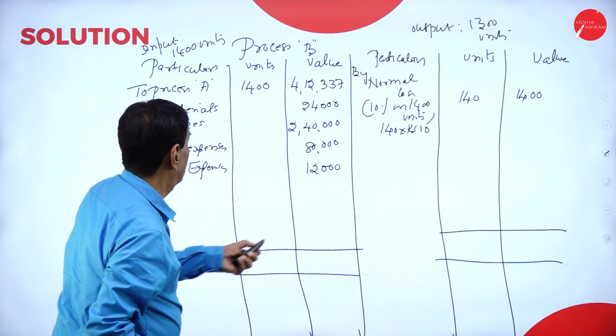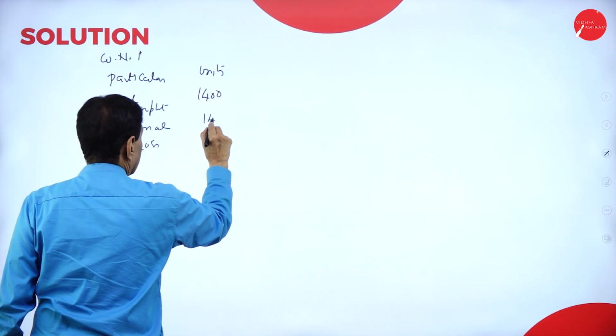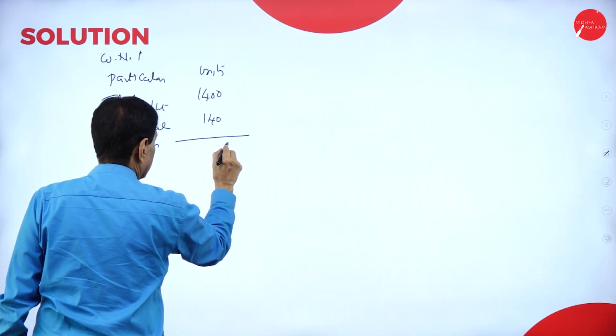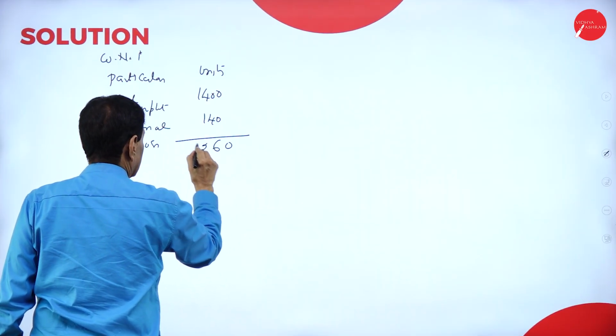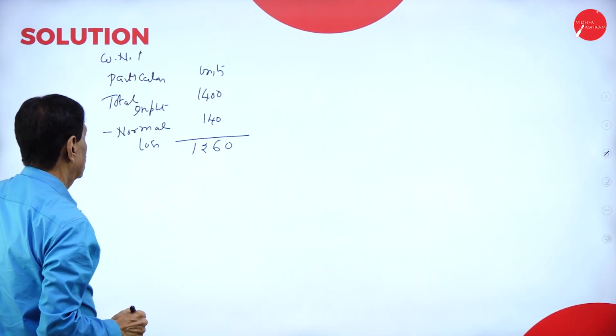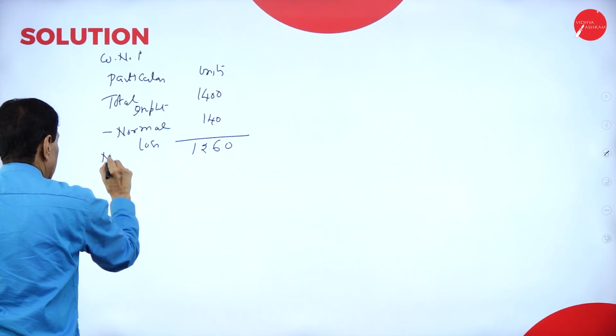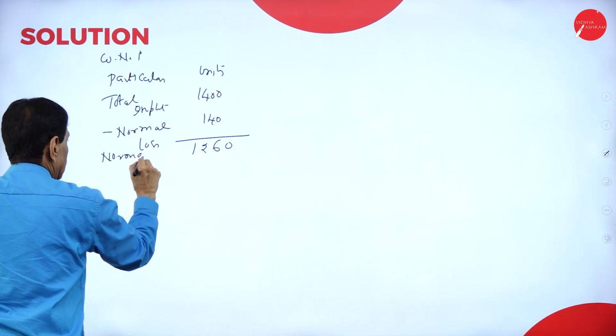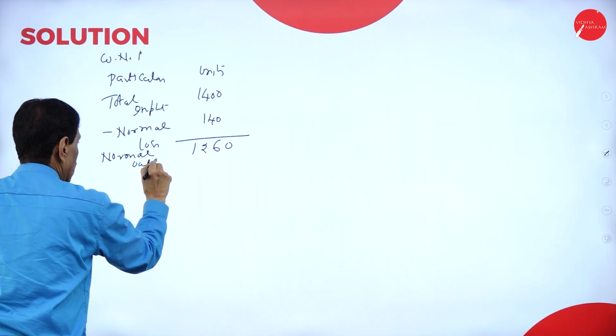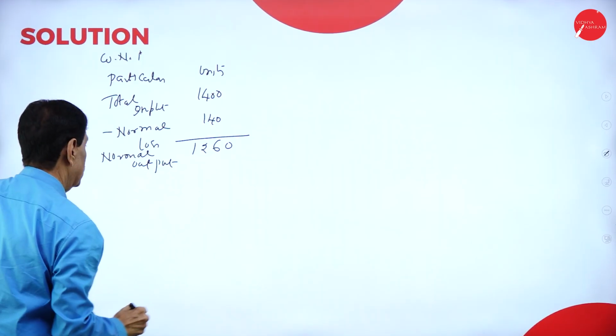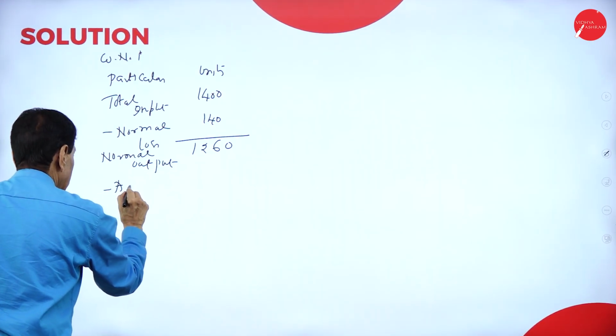See that? 140 units. Deduct, normal output minus actual output.